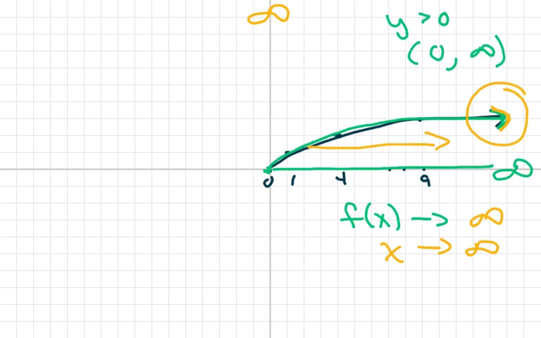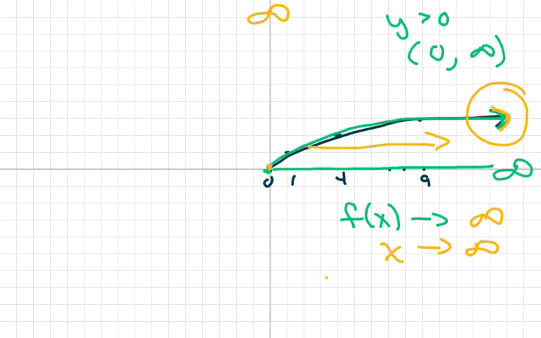The symmetry, there's no symmetry here. So it's not symmetric to the origin nor to the y-axis because it's only in quadrant 1 here. So this function's not even, it's not odd, it's neither.